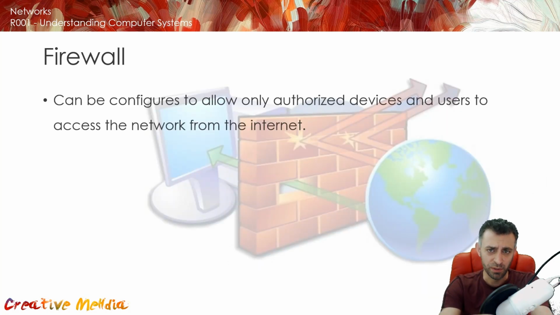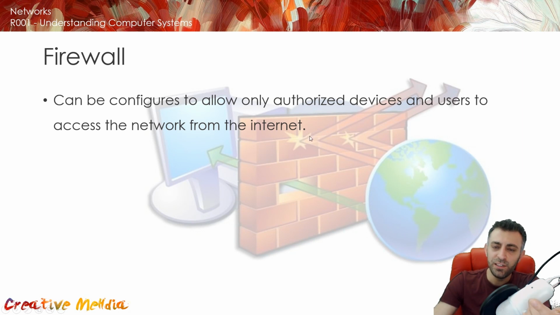So what is a firewall? Essentially, a firewall will allow or deny a connection that is incoming from the internet. If you have an incoming connection from the internet and the firewall has been configured to accept that particular connection because it recognizes the IP address and the MAC address of the device, it will allow it to go in and access the network.